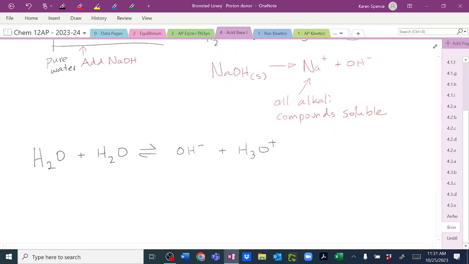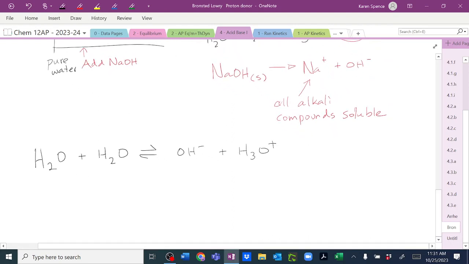And this is an equilibrium. What do all equilibria have? They all have a K value, okay? And the K for the autoionization of water is called Kw, okay? Oh, I shouldn't have written that so far. Here, I'm going to make this a little smaller.